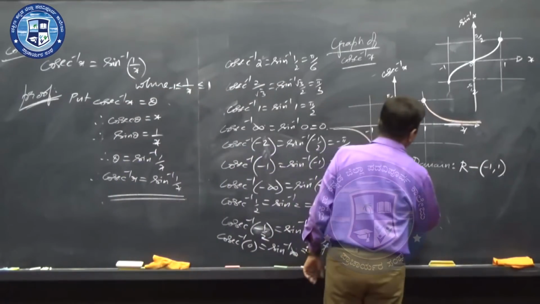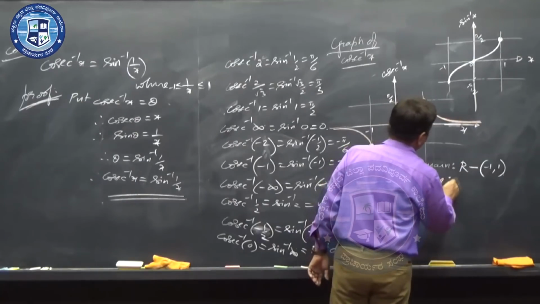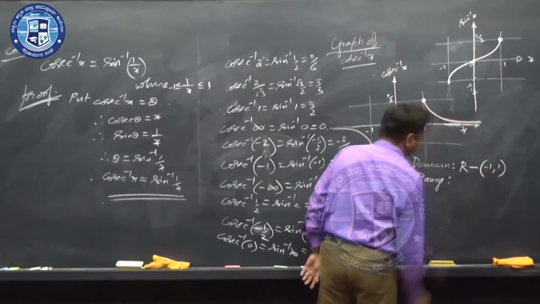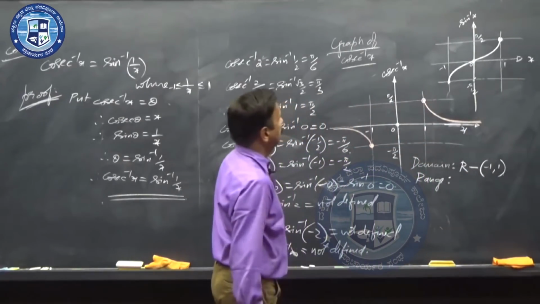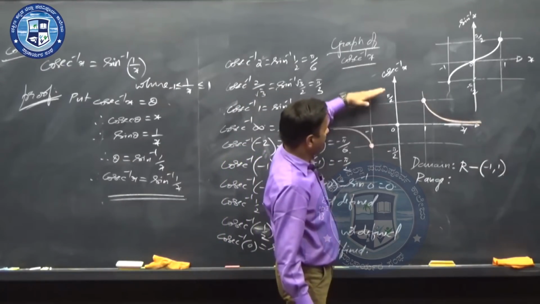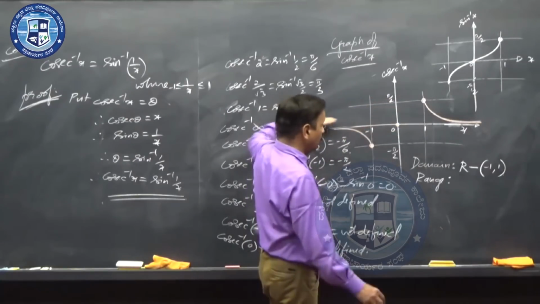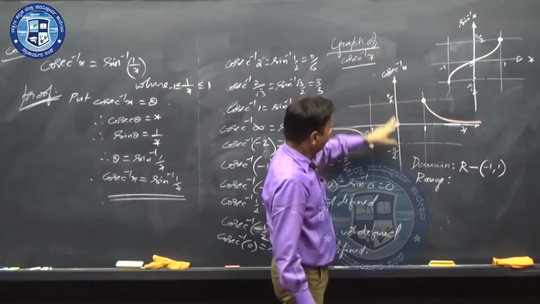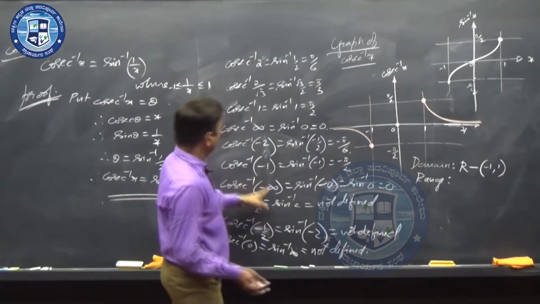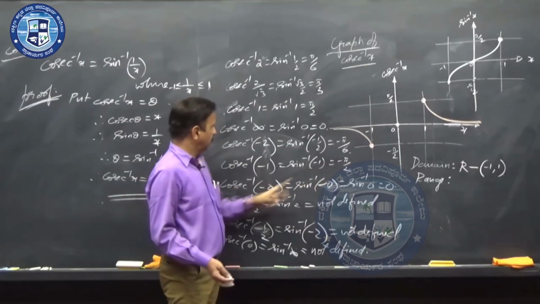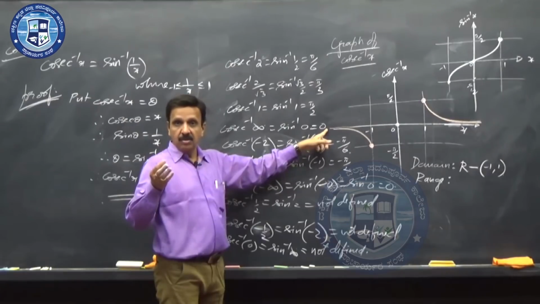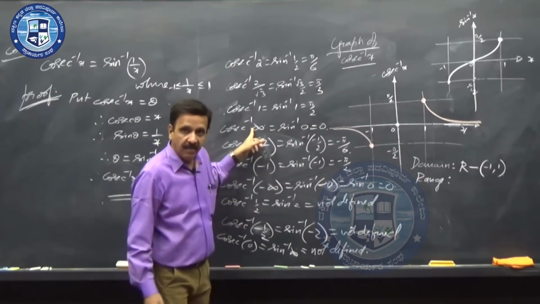Next, what do you have? Range. If you write a closed interval, it will be wrong, so the deduction must be an open interval. And the range is, it can take any value between minus pi by 2 and plus pi by 2, but it can't take 0. The cosec inverse x answer cannot be 0. You may say, sir, cosec inverse of minus infinity is 0, cosec inverse of infinity is 0. But x cannot take the value of infinity, no?